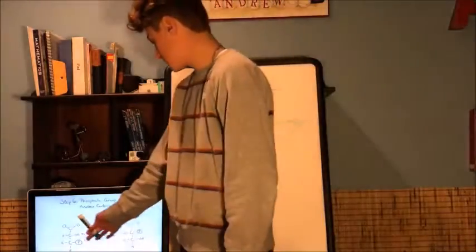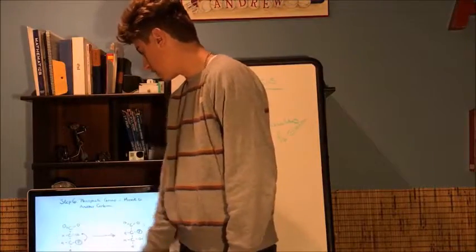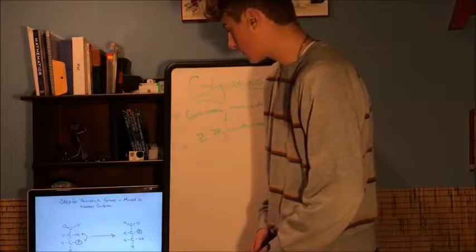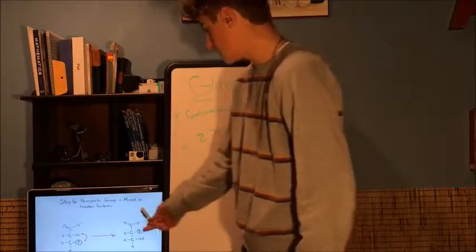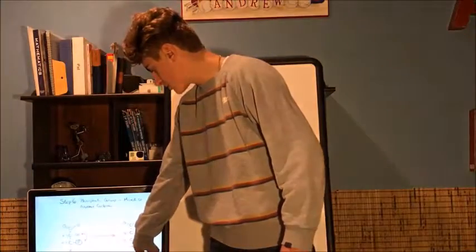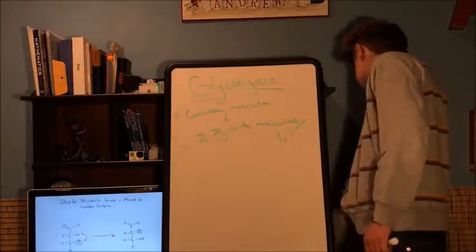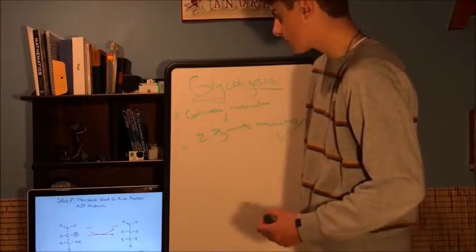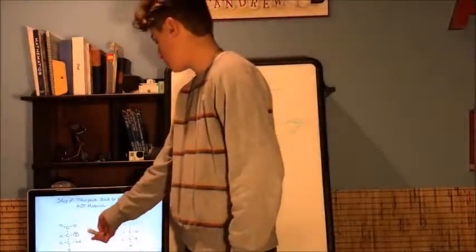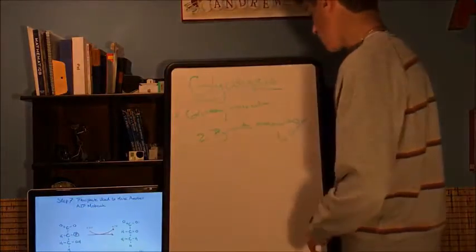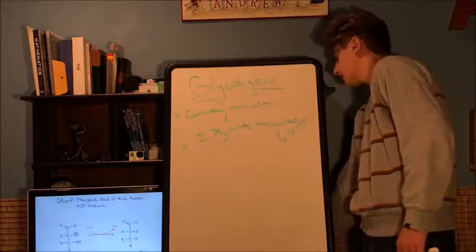Now this remaining molecule rearranges itself, kind of flipping itself. It flips the oxygen and hydrogen with the phosphate group. Now the same thing occurs where we take ADP, take this phosphate off, and that creates ATP, giving us pyruvate again.